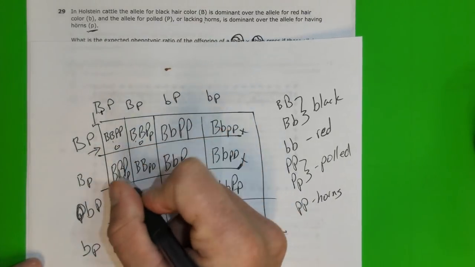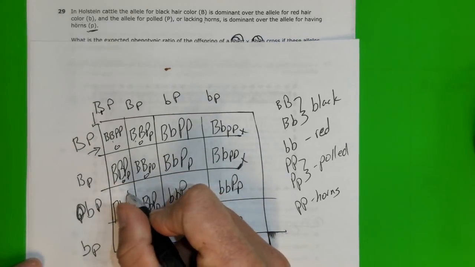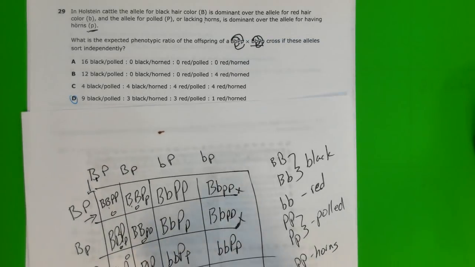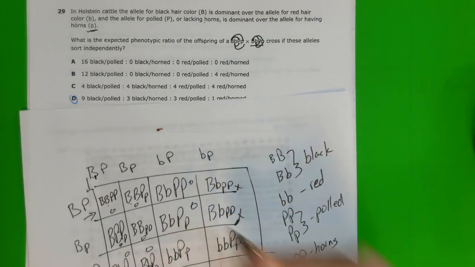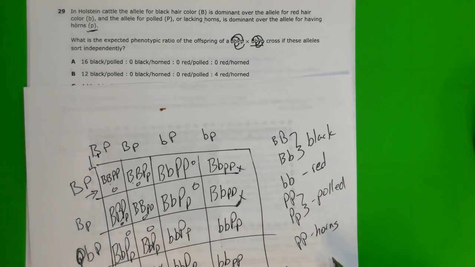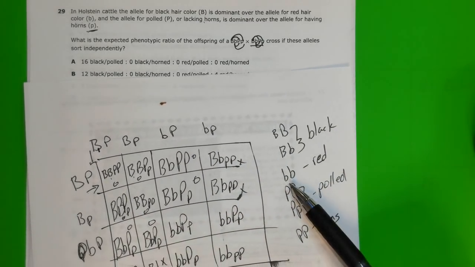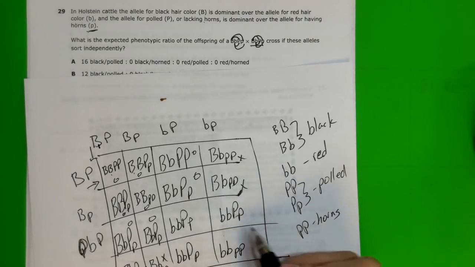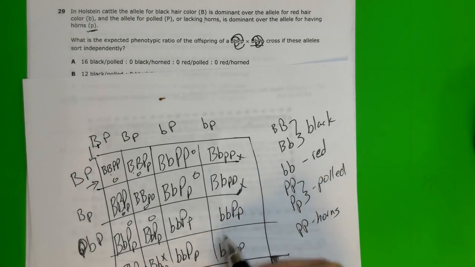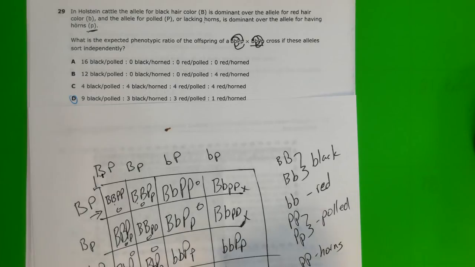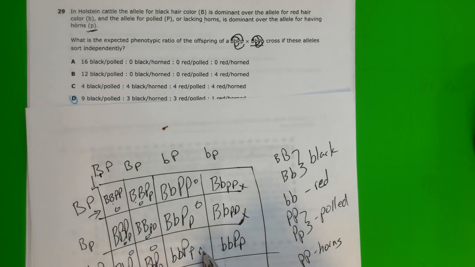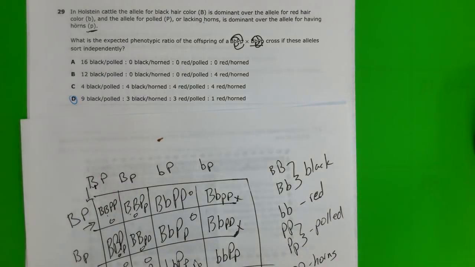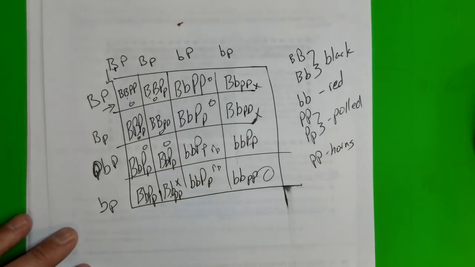The ones with the circles are going to be the black that are going to be polled. We should have 9 of those. And then we should have 3 that are red, so we should have 3 little b's. So we actually have 4, but 3 that are red polled. And then we have 1 out here that has nothing, so that's going to be our 1. 9, 3, 3, 1 ratio.